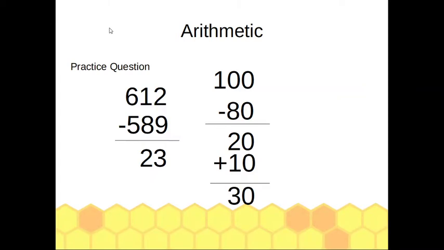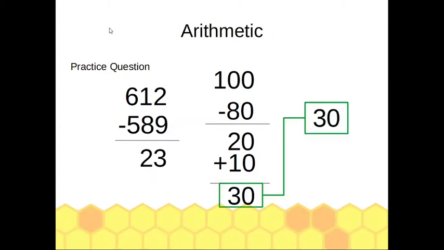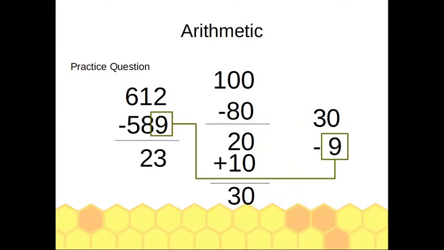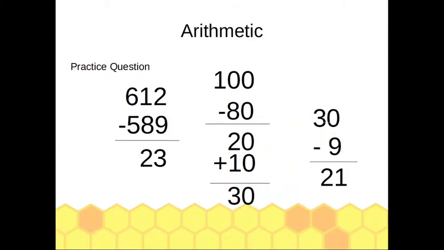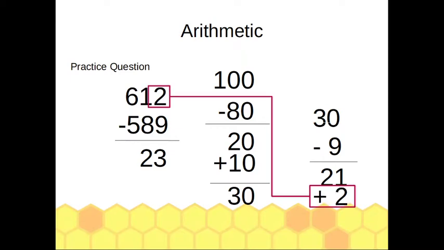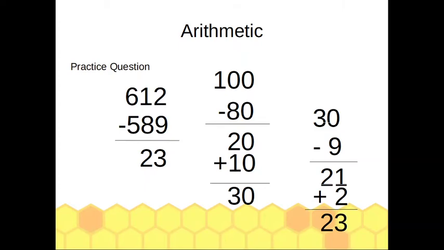To have more space for our solution, we will move the number 30 to the upper right. And because our subtrahend is lacking the number 9, we will subtract 9 from 30. Then we get 21. But our minuend is still incomplete. We now add the number 2 to our partial answer. Therefore, we get 23 as our final answer.